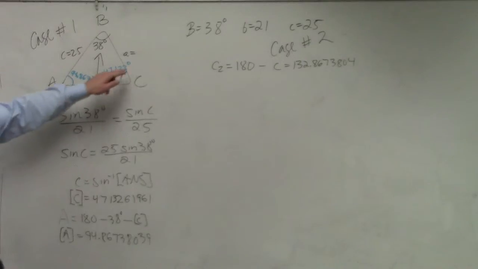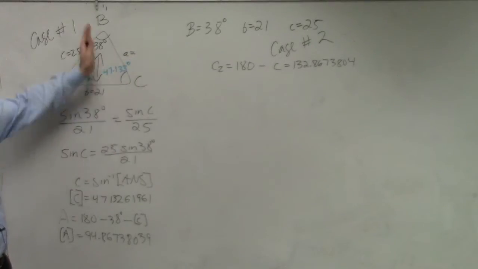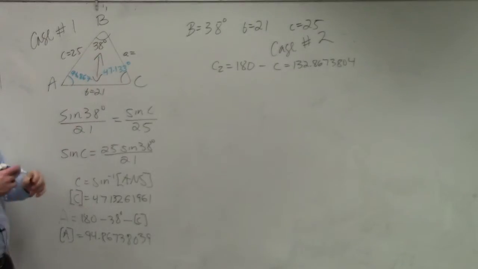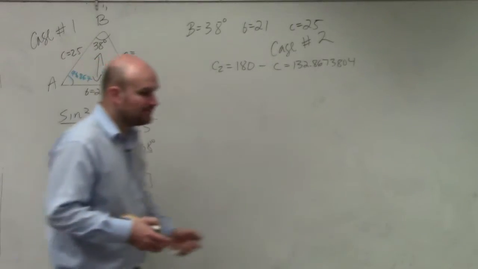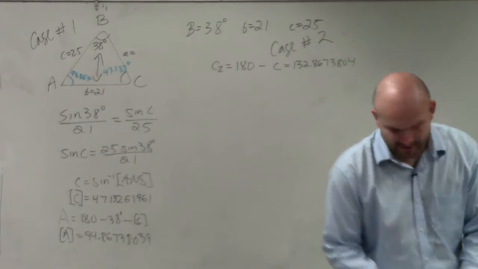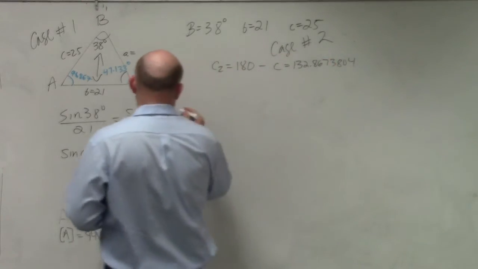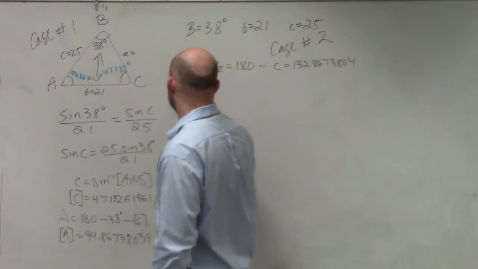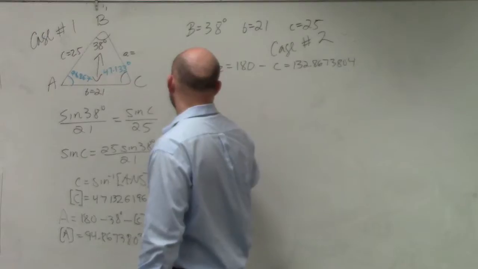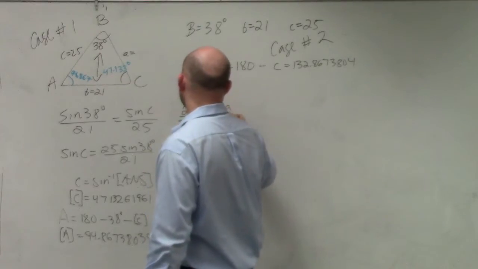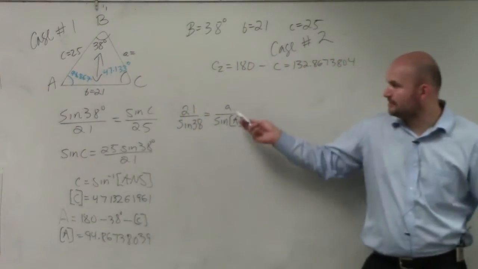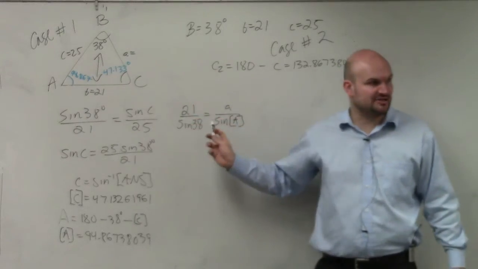Now, the last part we have is we need to find a. Now, we could use any ratio. I would recommend using the ratio that you already have to solve for a. Now, the important thing, guys, is why I stored this in my calculator, because now I'm solving for a. So what I'm going to do is flip this: 21 over the sine of 38 equals a over the sine of A. Does everybody see how I flipped my ratios?